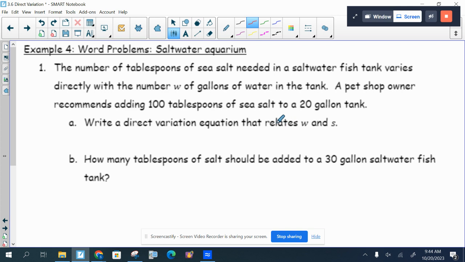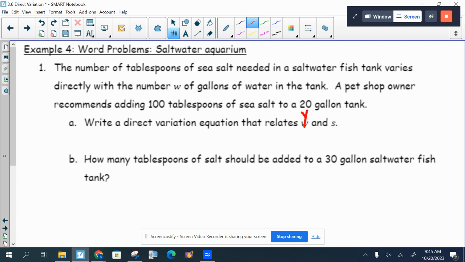So we'll do, W varies directly with S, which means W will be our Y. Oh, wait a minute. W is the gallons.